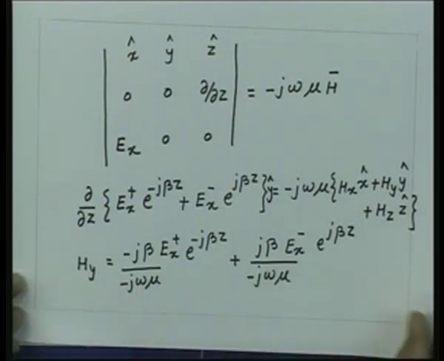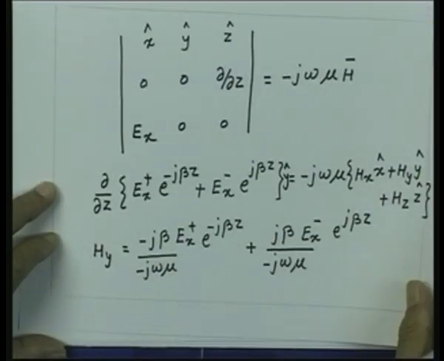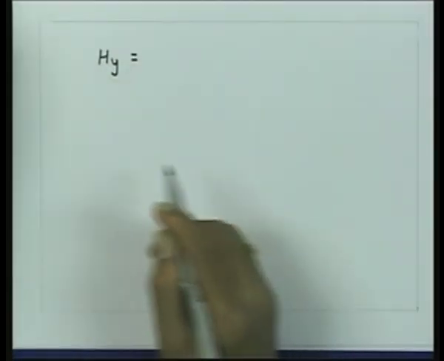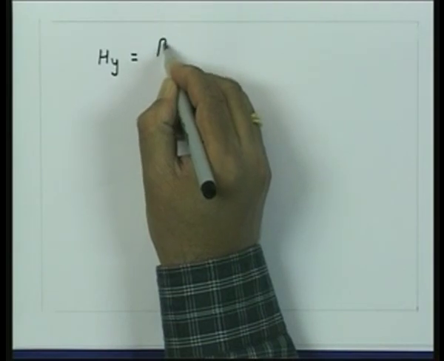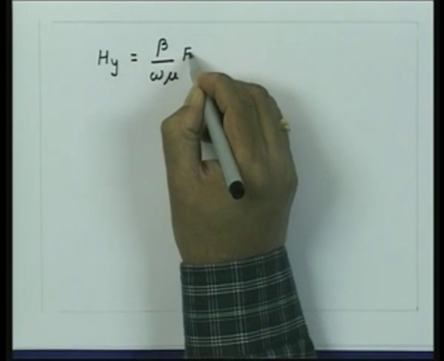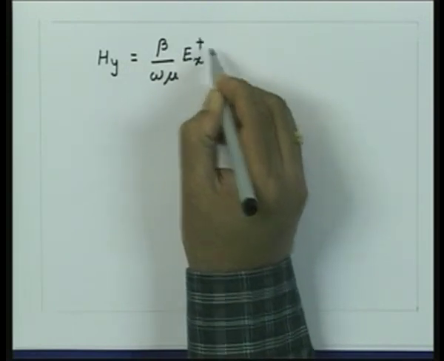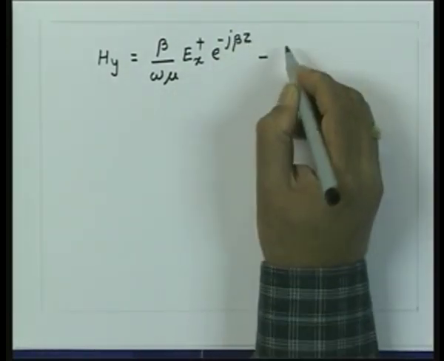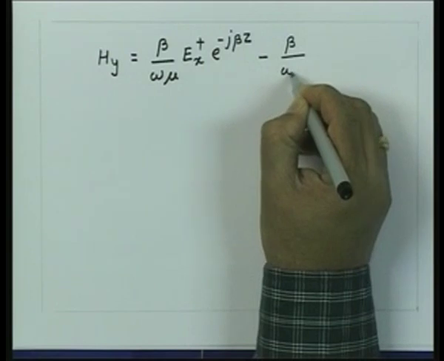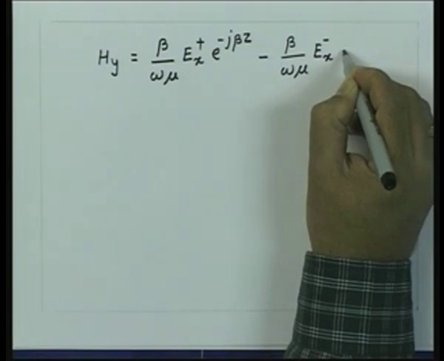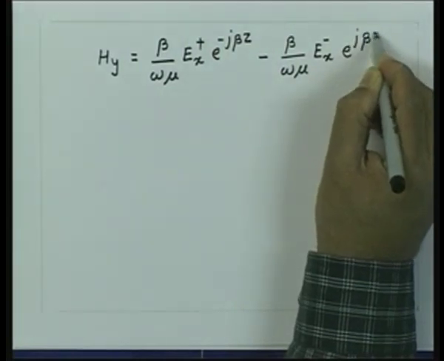So, from here the magnetic field now, if I cancel out this term minus j, I will get the y component of the magnetic field, that will be beta upon omega mu Ex plus e to the power minus j beta z minus beta upon omega mu Ex minus e to the power j beta z.